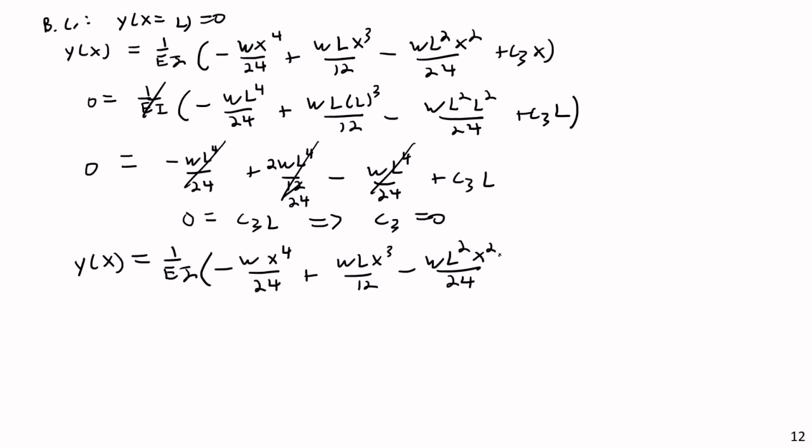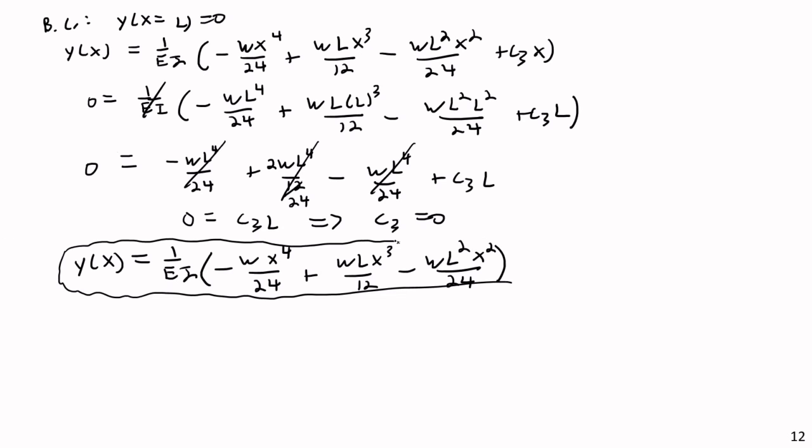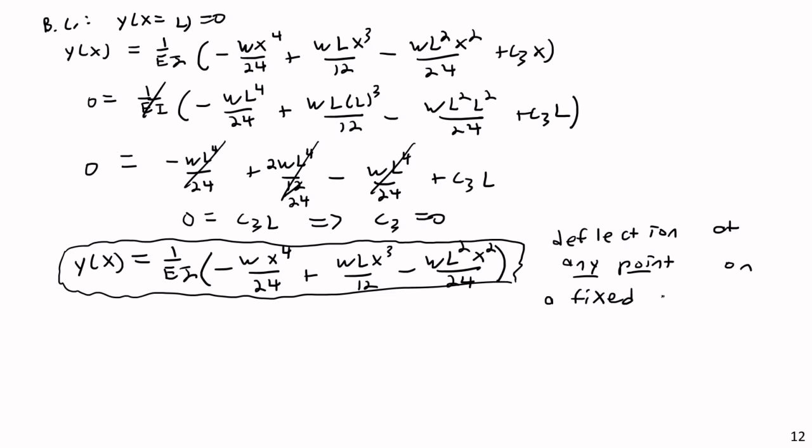So this is not my final answer, but this is still something pretty useful. This is the deflection not at the middle point of the beam, but at any point in the beam. This is the final deflection for any point in a fixed beam with a continuous constant distributed load. I was specifically asked for the midspan deflection, and that would be the largest one, which is what we're often worried about.